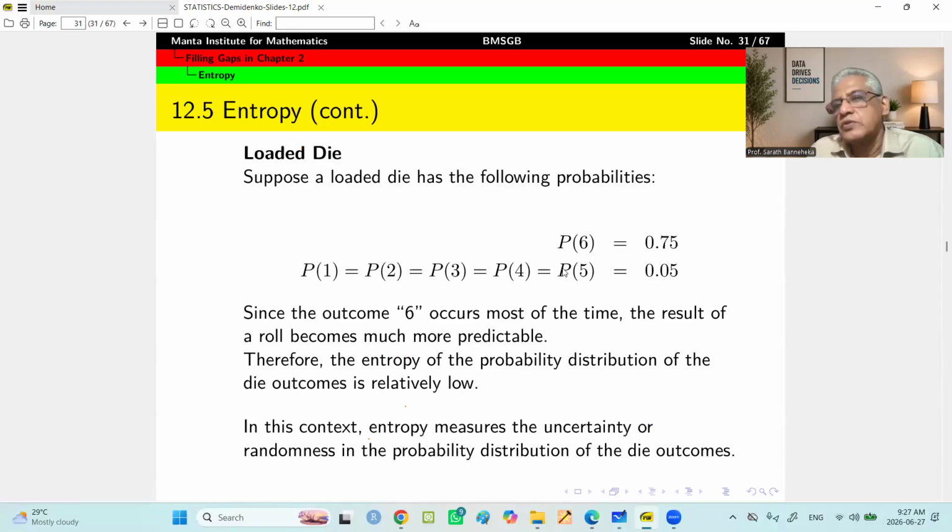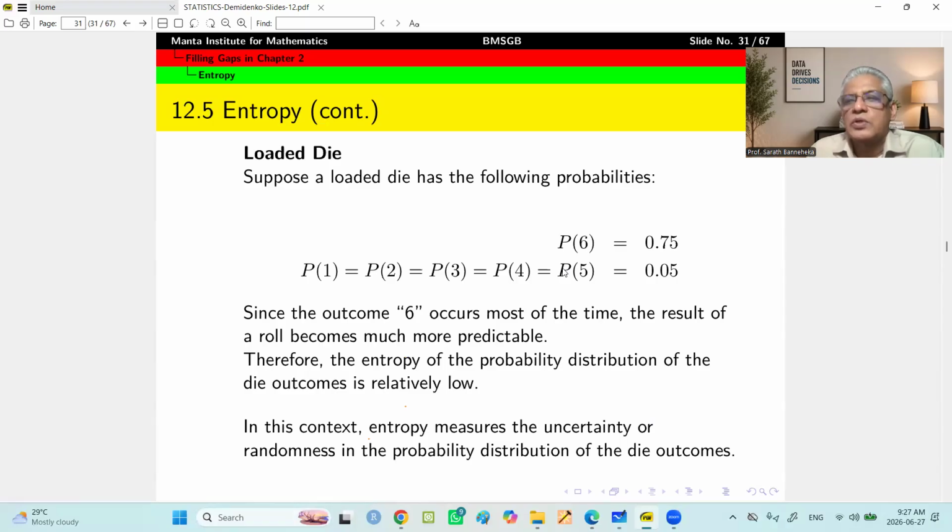On the other hand, if you consider a die where one side has a higher probability than the others, suppose the probability of getting 6 is 0.75 and all the other sides have equal probability, so they each have 0.05 probability. If you roll this kind of die, you can predict the outcome with very high probability, very high accuracy.